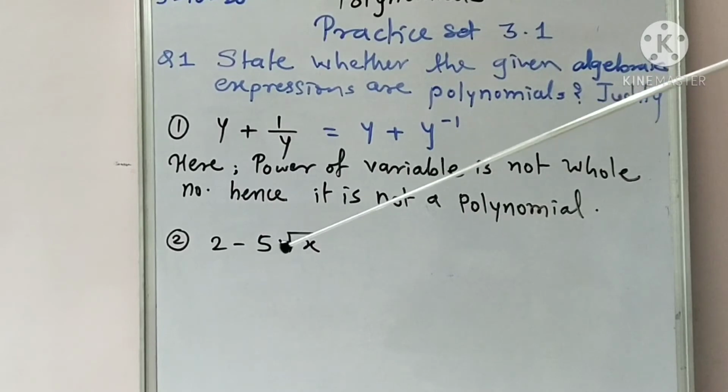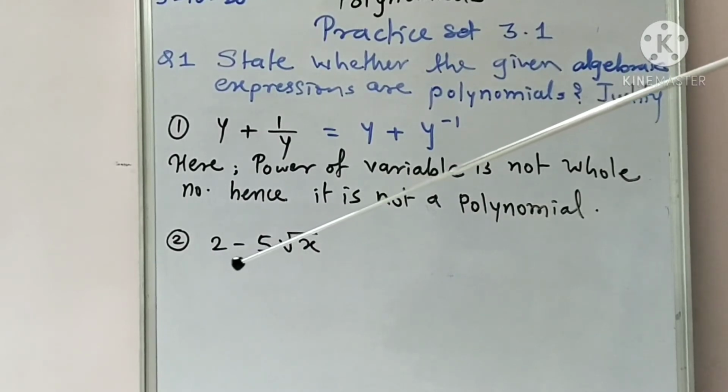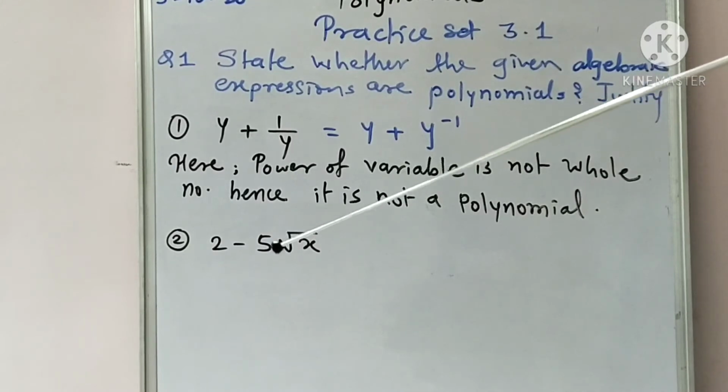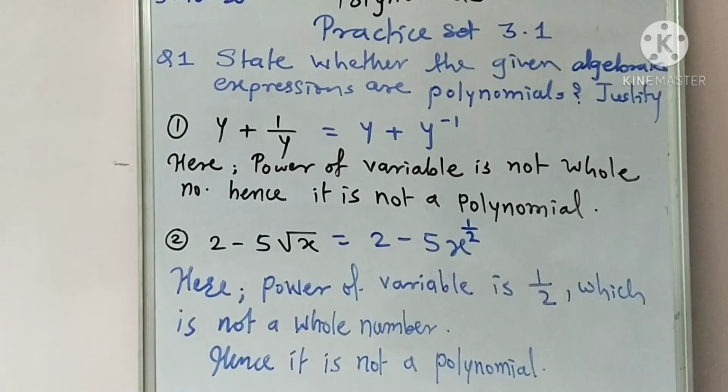In the second example, the expression is 2 minus 5 root x, and we write root x in index form as 2 minus 5x raised to power 1 upon 2, since square root of x means x raised to power 1 upon 2.